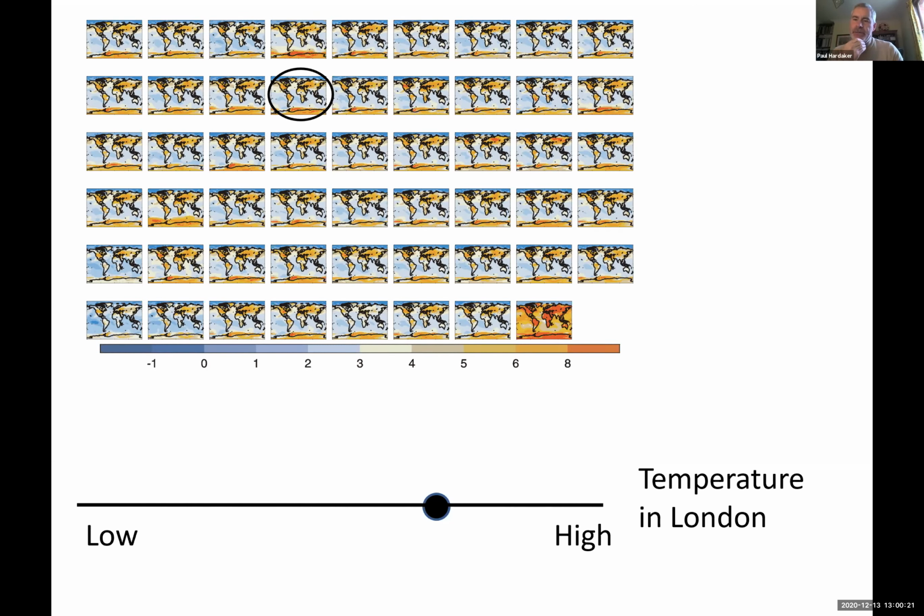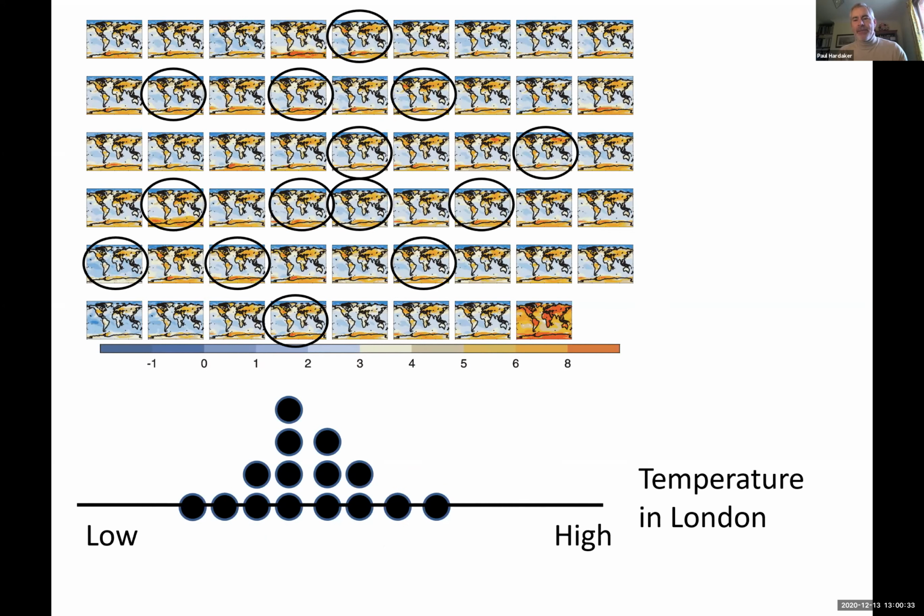But with more powerful computers now and our ability to run this many times and create this ensemble, I can pick another one of my ensemble and look at the grid square and read off that temperature, and I can do the same. And I can begin to build up a distribution of temperatures. And suddenly you can see that in my very deterministic model that I ran the first time, I get a single temperature, but now I've got a much richer picture of the likely distribution of temperatures.